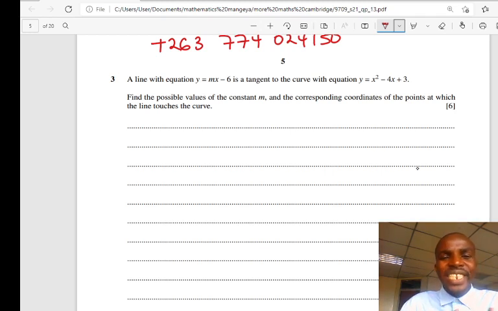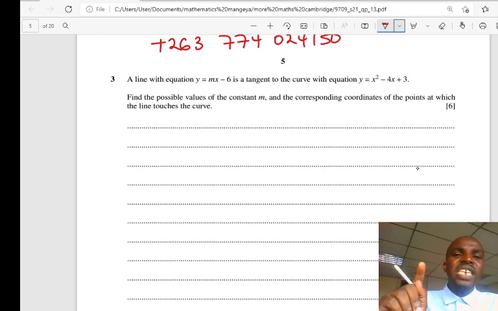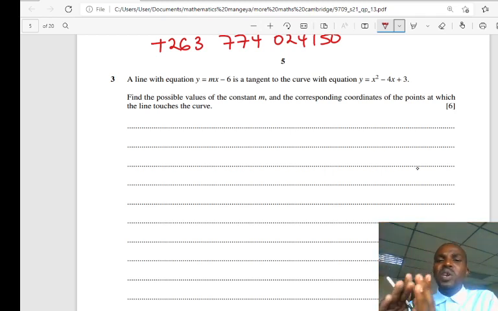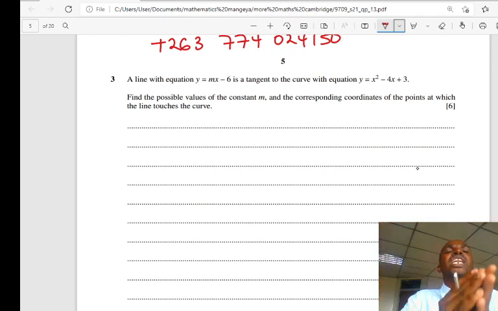One, the line is a tangent to the curve, which means they have one point of intersection. You can use the discriminant of a quadratic polynomial to find the point of intersection. Because remember, if there is only one point of intersection, there is only one real root.